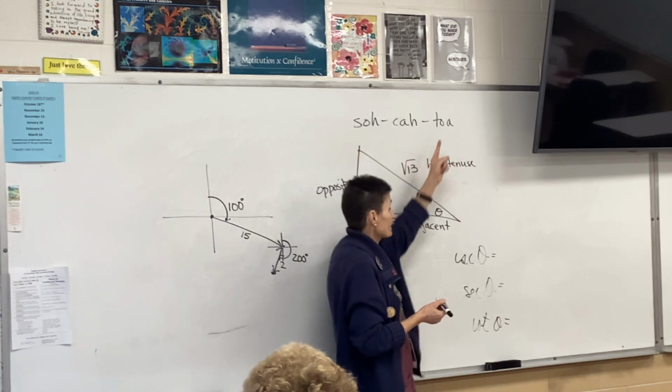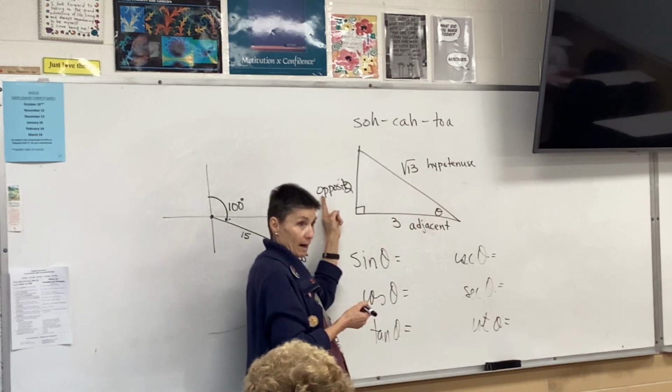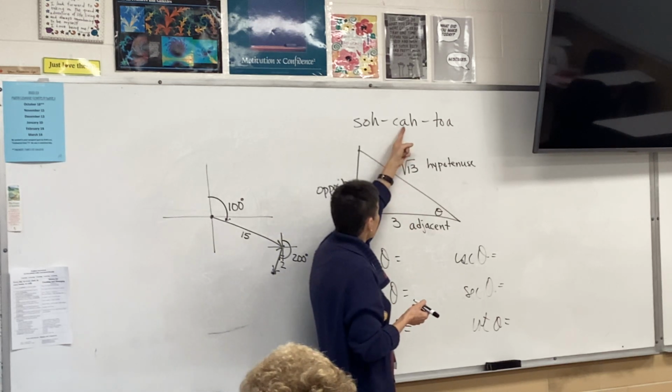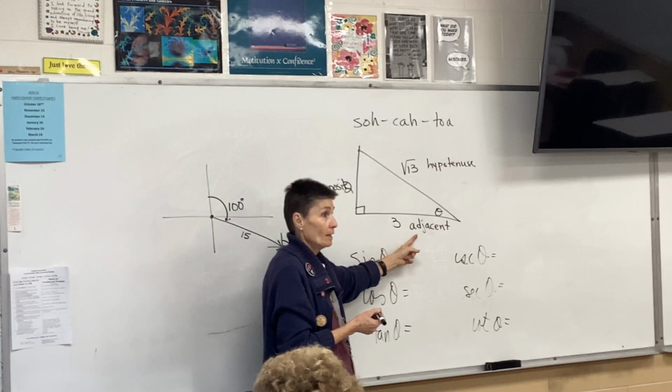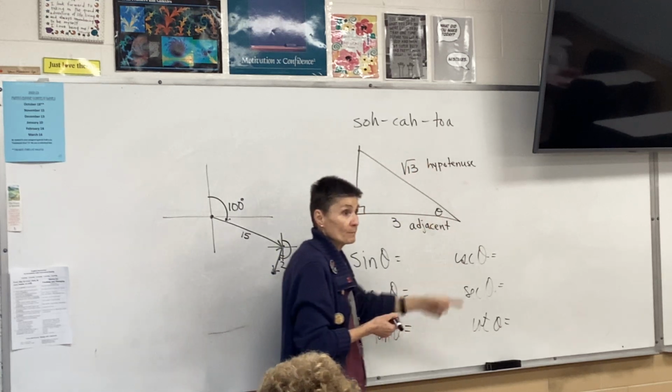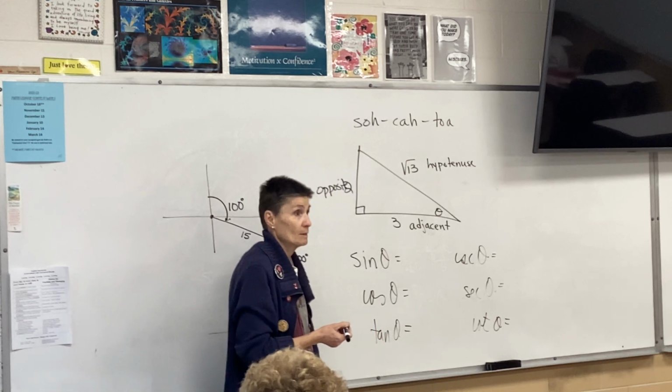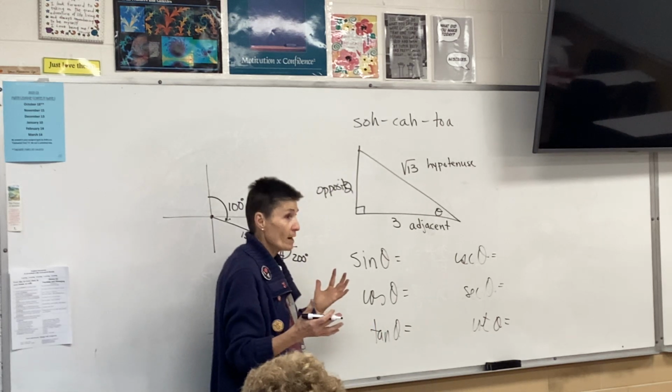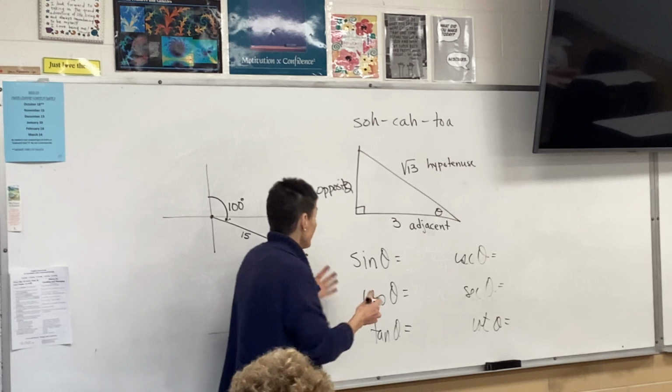O stands for opposite. A stands for adjacent. And H stands for hypotenuse. So if you can label your triangle, you're done. I mean, this is easy.